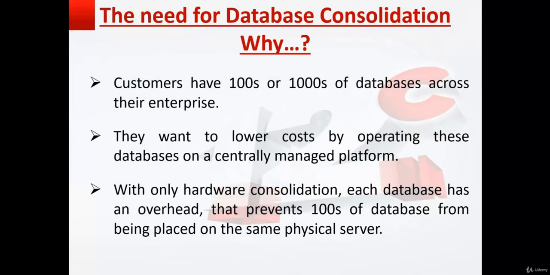The need for database consolidation. Why? Customers have hundreds or thousands of databases across their enterprise. They want to lower the cost by operating these databases on a centrally managed platform. With only hardware consolidation, each database has an overhead that prevents hundreds of databases from being placed on the same physical server.